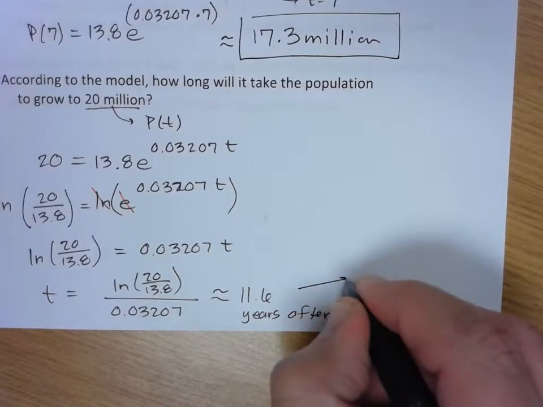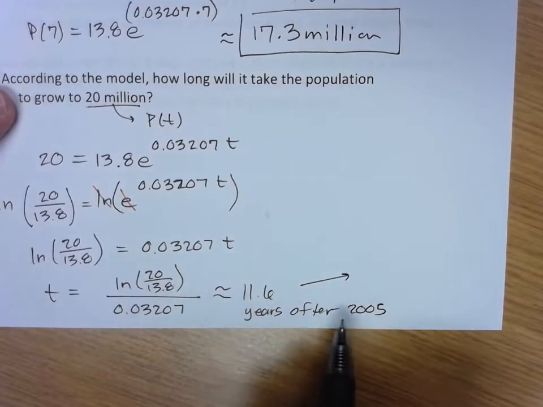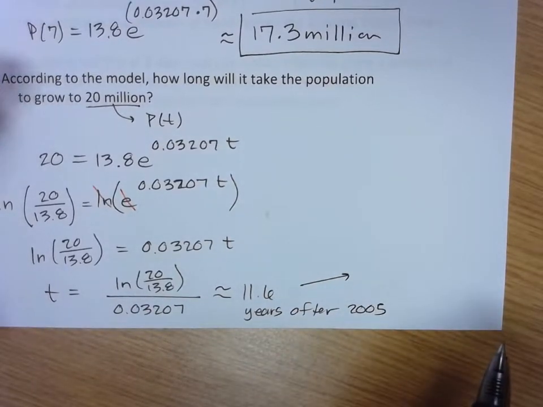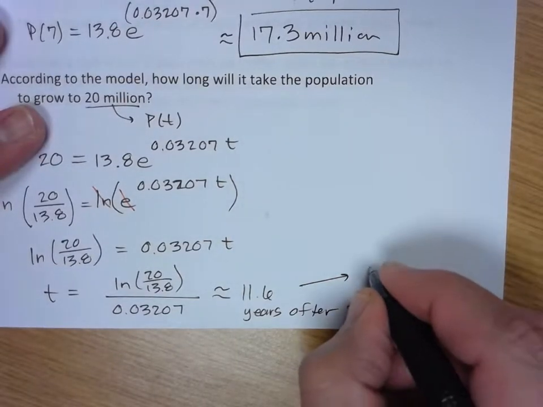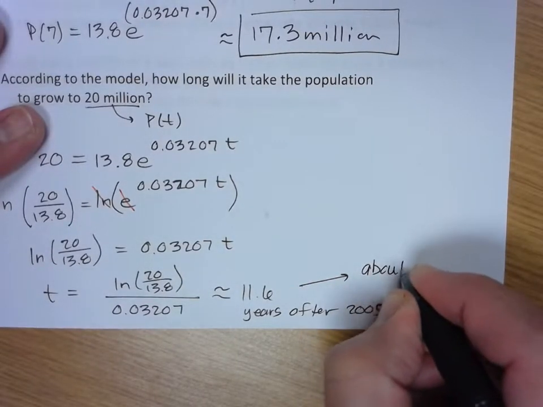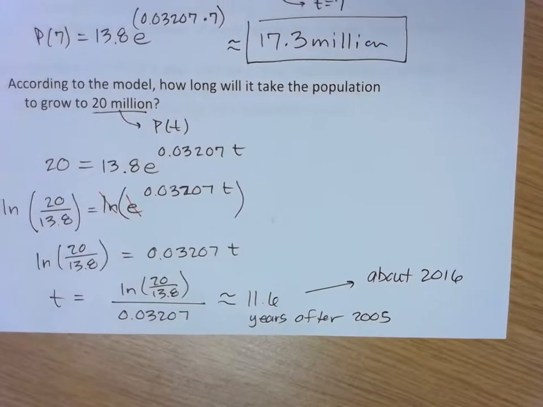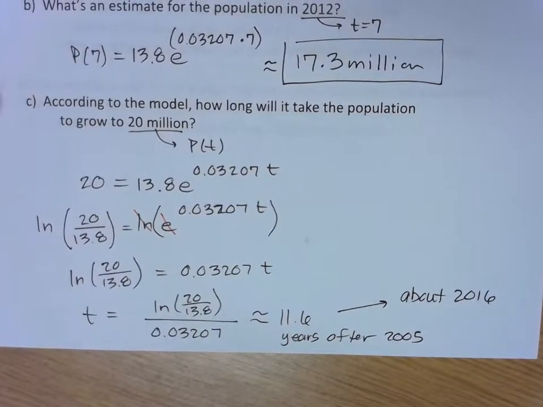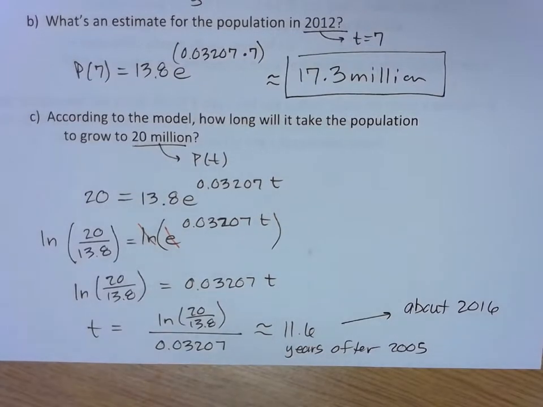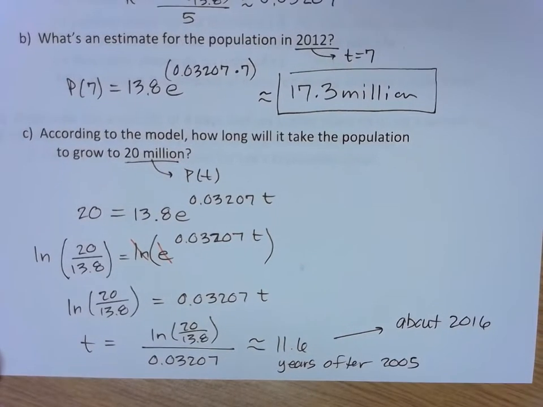So you could also say, a little over 11 years after 2005, that'd be somewhere around 2016. That would have been when the population grew to 20 million people. Okay? So that's another example of the kind of problem that you'll have to do with populations, is actually build the model itself, given a few bits of data about the population.